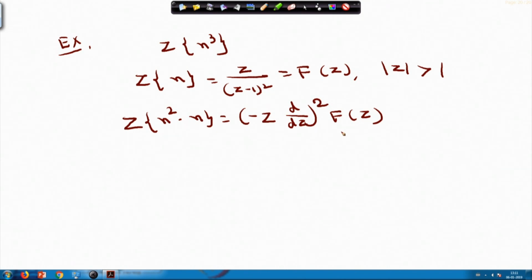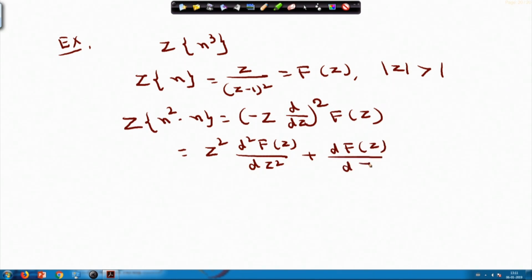This we have done earlier using the property. So, this equals z square d square F z by d z square plus z d F z by d z, and you already know capital F z is z by z minus 1 whole square.